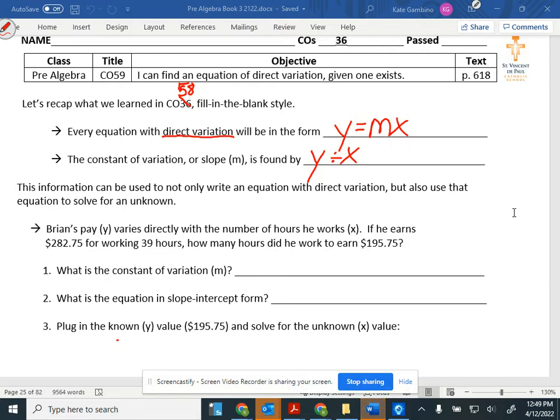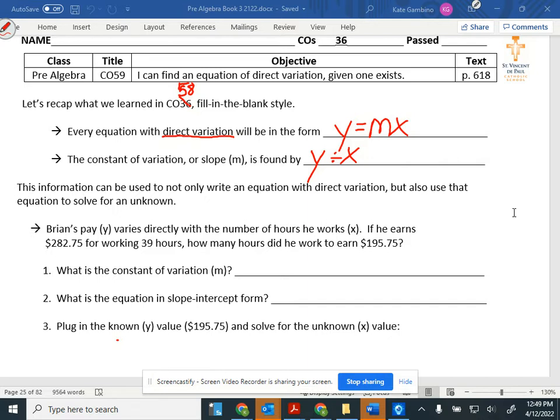Direct variation means it's just y equals mx. Constant of variation is your slope, m, which is y divided by x. This information can be used to not only write an equation with direct variation, but also use that equation to solve for an unknown. So if we have a variable in there, we can solve for it.